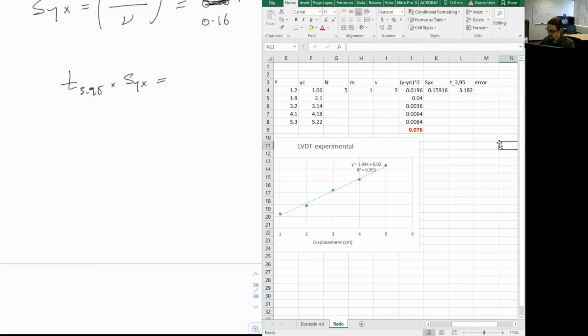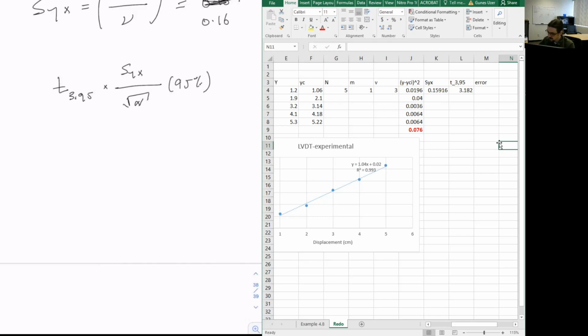And then, if you remember, our error was defined as t95 times Syx divided by square root of n, in this case at the 95 percentile.